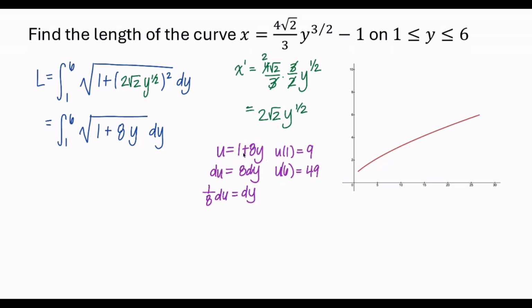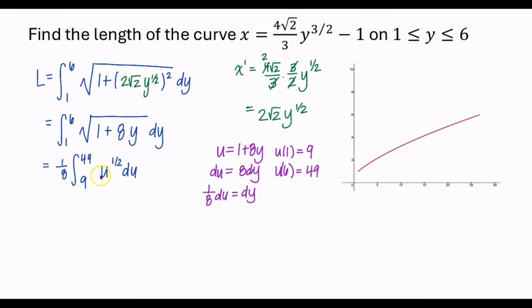So my new integral after the change of variables is going to be 1 over 8, the integral from 9 to 49, rad u, or u to the 1/2, du. And now I never have to go back to the y variable. I changed my limits of integration to u's.